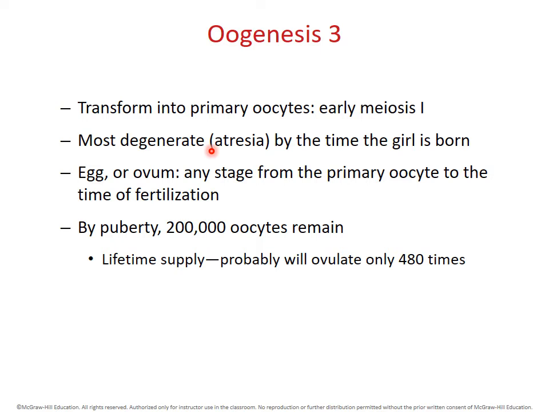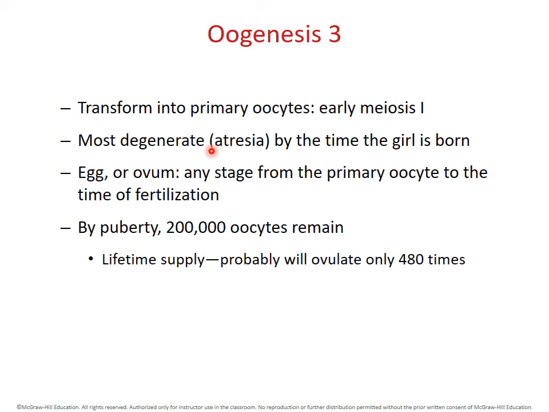If she ovulates once every 28 days or so during that 40 years, essentially you're only going to ovulate about 480 functional egg cells, 480 functional oocytes. So there's no way that a woman needs millions of these oogonia. She would never use them during her reproductive life. At the max, she would only use about 480 to 500 of them.